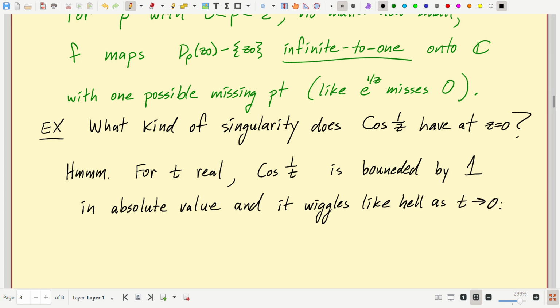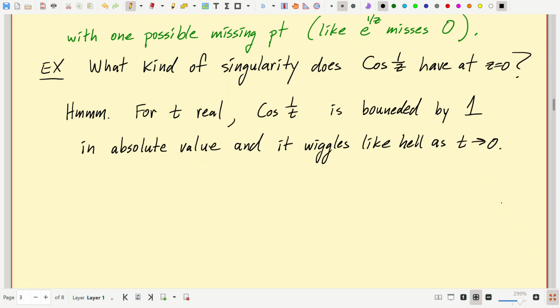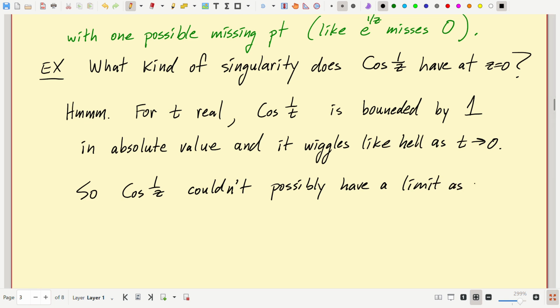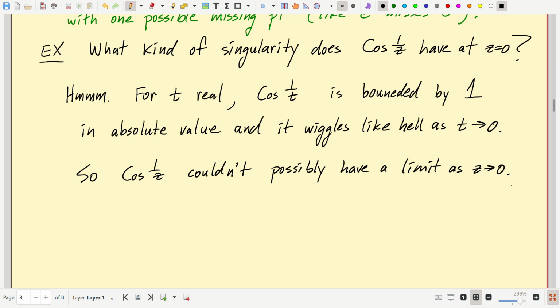That means that cosine 1 over z couldn't possibly have a limit as z tends to 0, because it just goes totally bonkers on the real axis. And so the singularity is not removable.